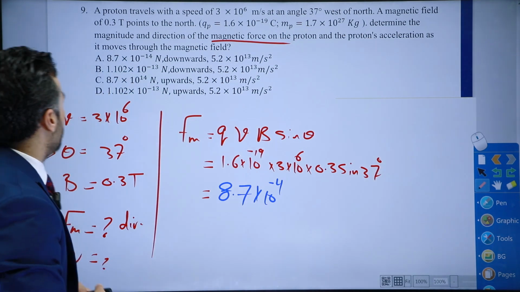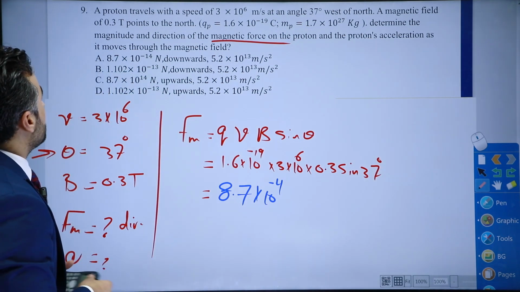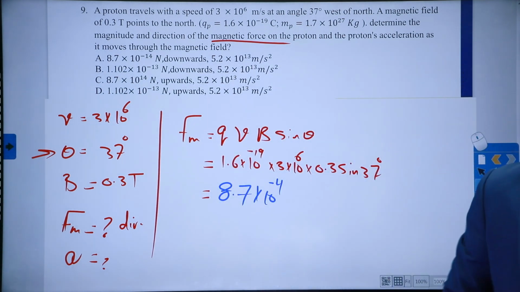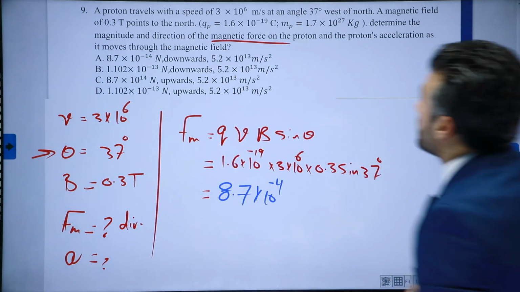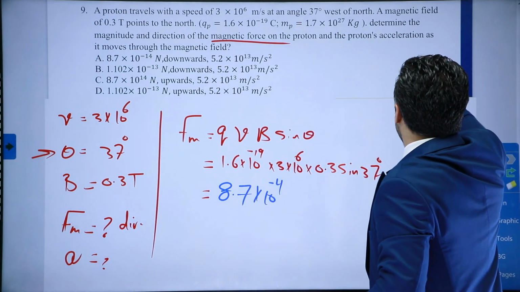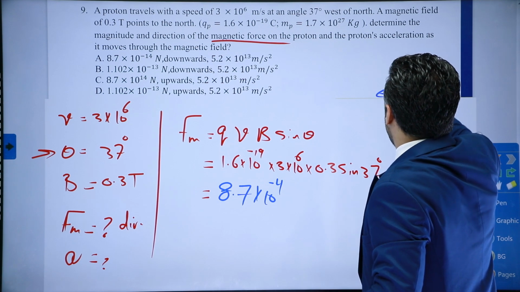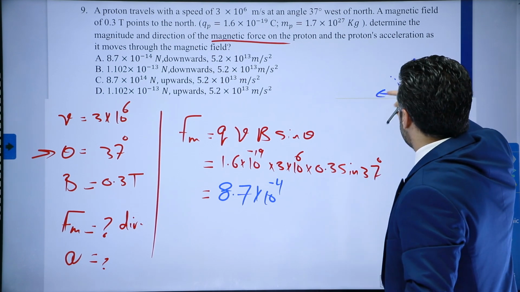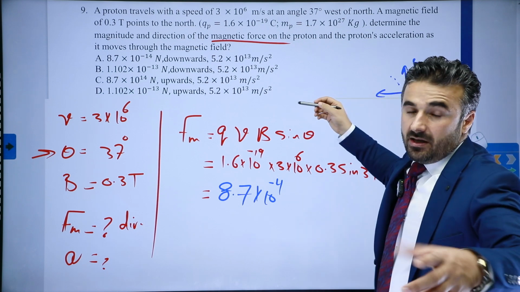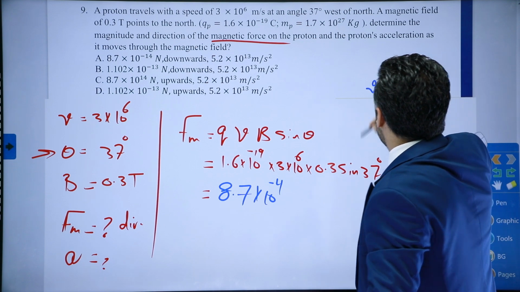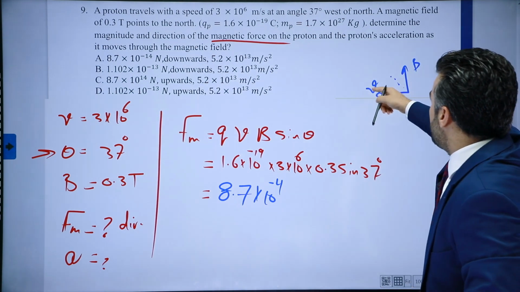Now let's do the direction as well. The velocity is directed west of north, and the magnetic field is pointing north. This is the angle, but we're using the component that is perpendicular to the field. So this is the direction of the motion.